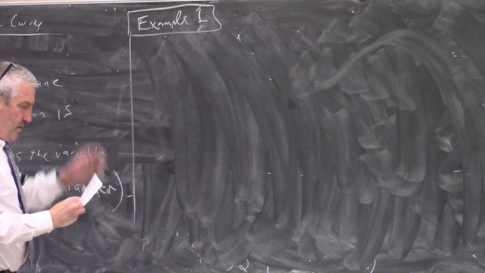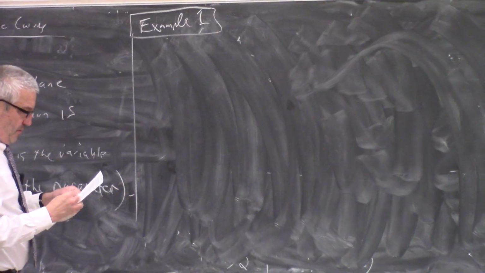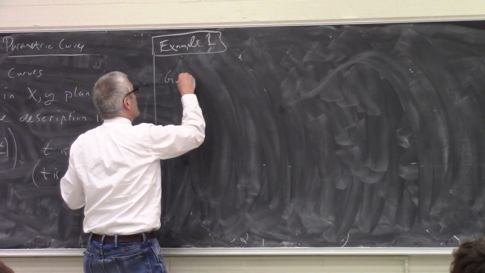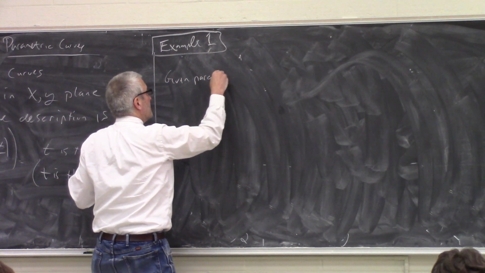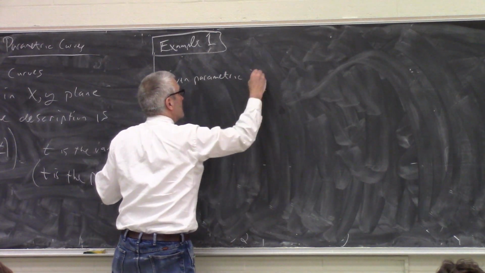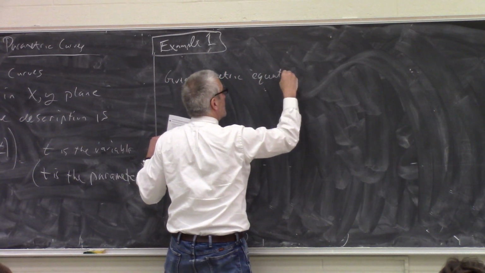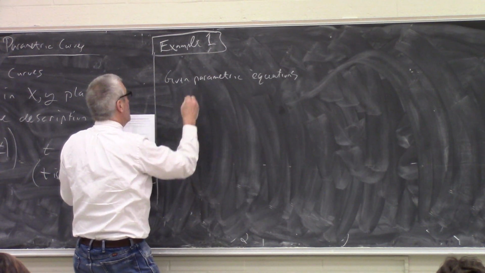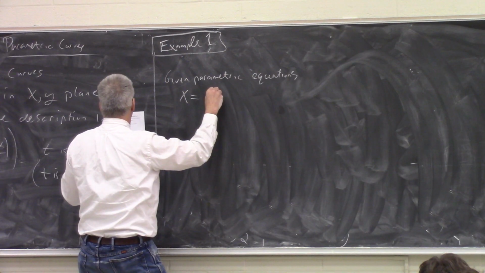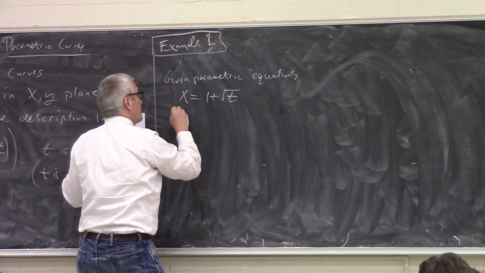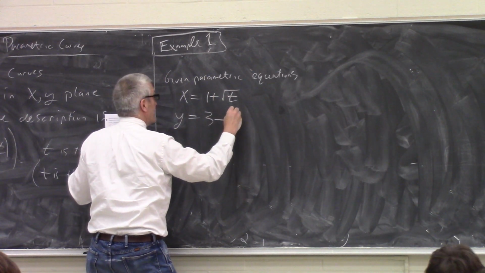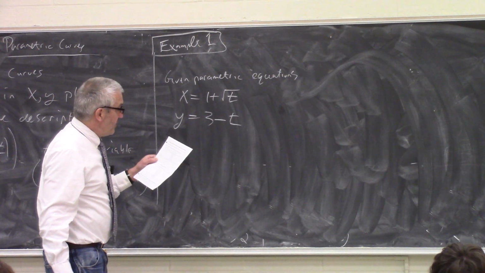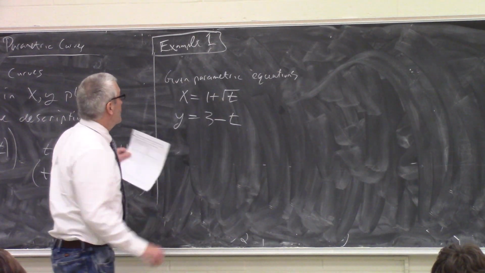Example 1. Given parametric equations, x equals 1 plus square root of t, and y equals 3 minus t. Sketch the curve by using parametric equations to plot points.